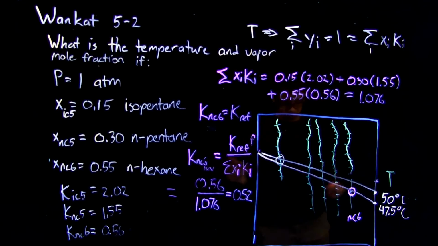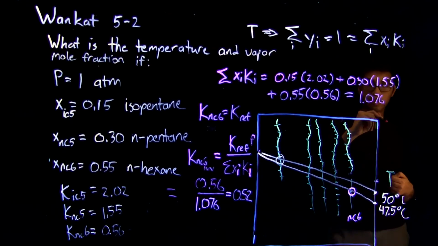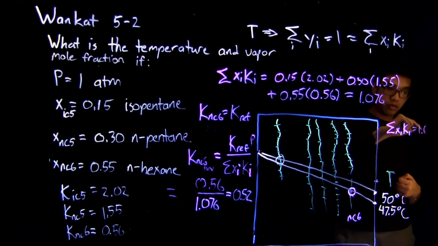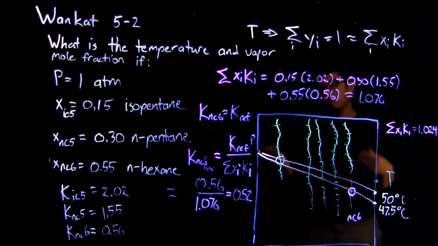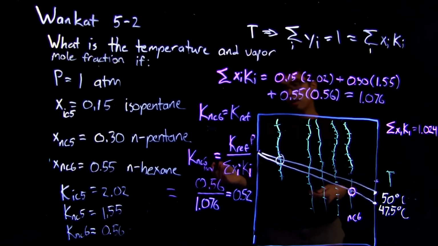From that, we recalculate the new summation of K x_i. We find that the sum of K x_i is 1.024, so we need to recalculate a new K value for nC6.